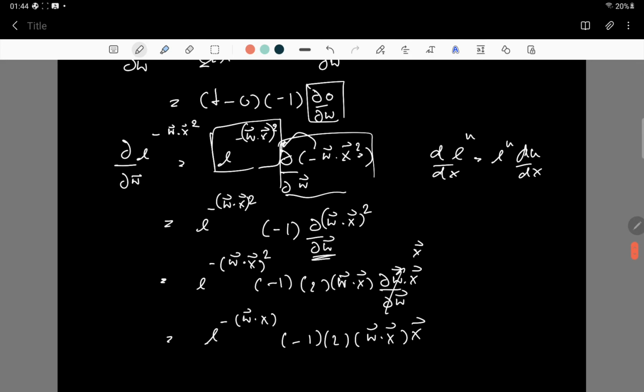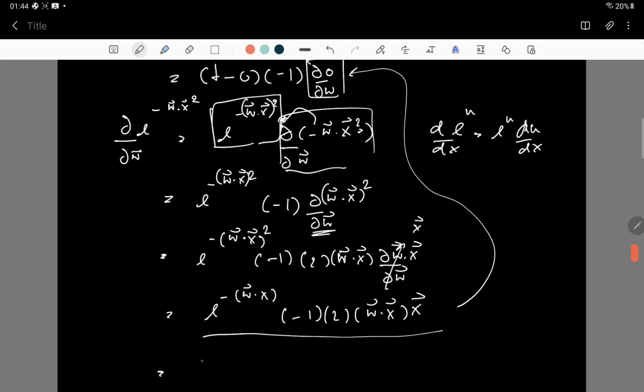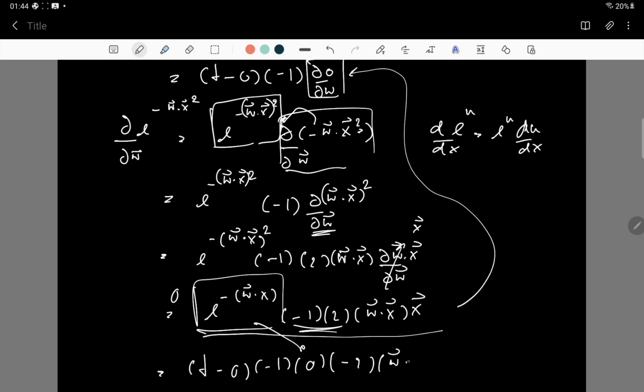So you have to move this value here. This one is also the output, right? So it will be target minus output, and you have 1 times minus 1 here, and then this one is the output, and this one is minus 2 w dot x times x.